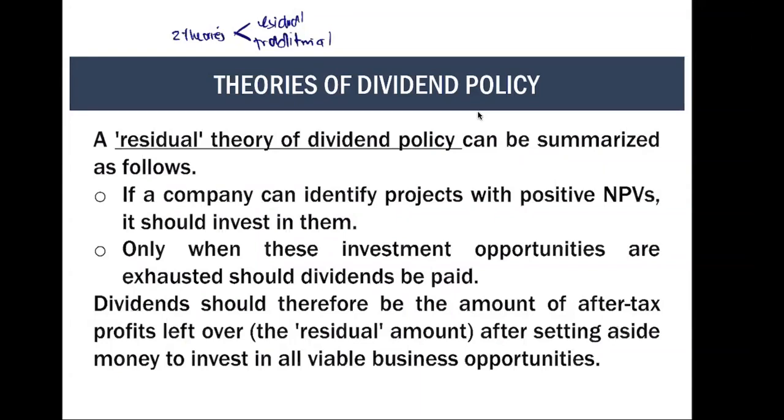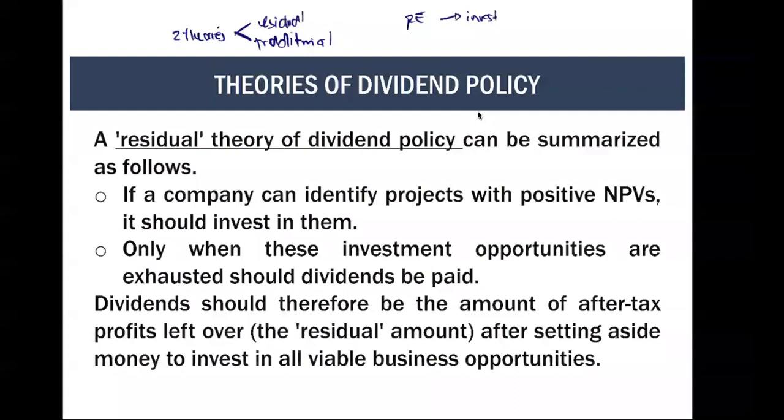Only when these investments are exhausted should dividends be paid. So you have your retained earnings, first invest, and then if there is an excess, or what we call the residue or residual, that is now for dividends. That's how it works in that theory.